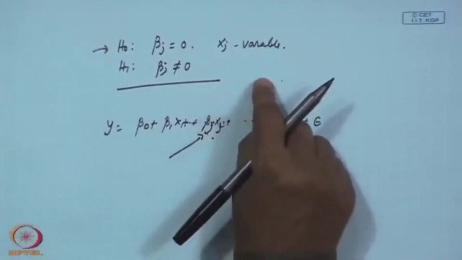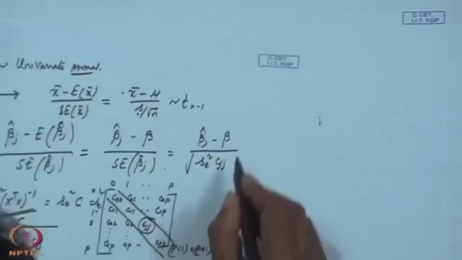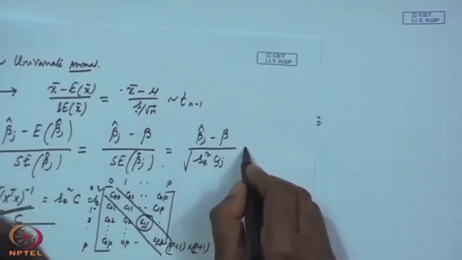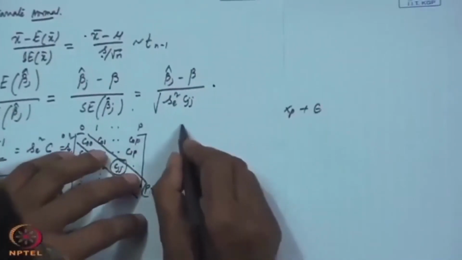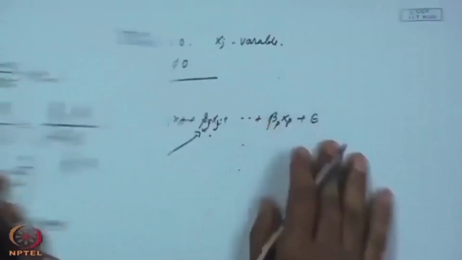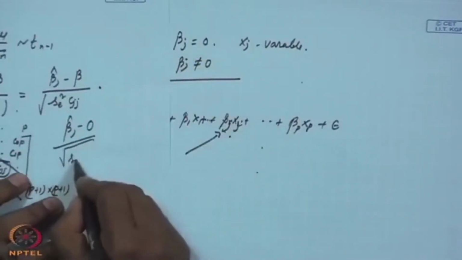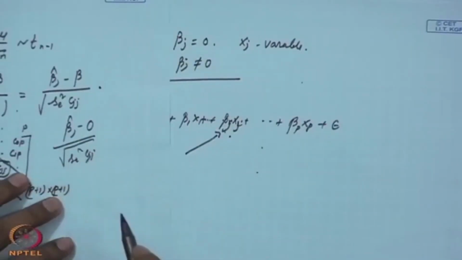So, if we do this, what will happen ultimately under the null hypothesis? This quantity, beta j cap minus beta j, will be 0, beta j equal to 0, divided by the square root of s square C j j.